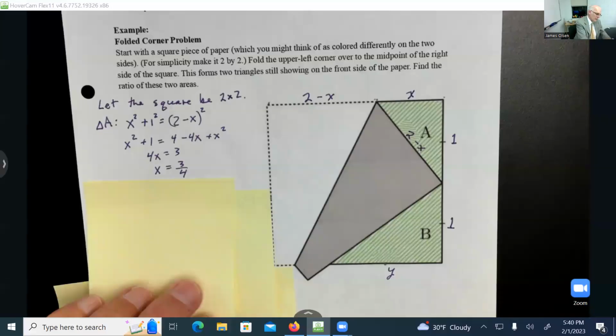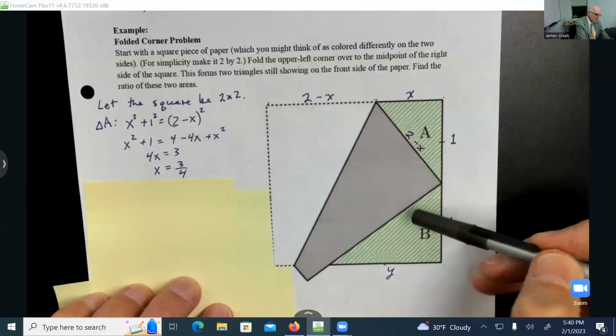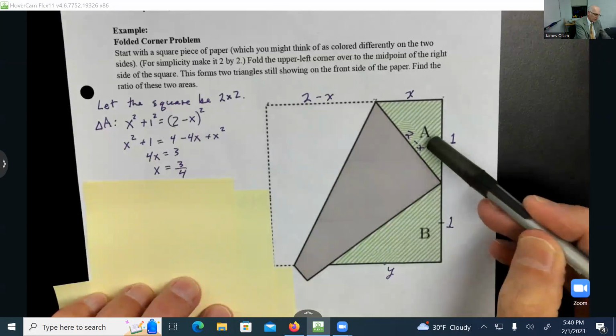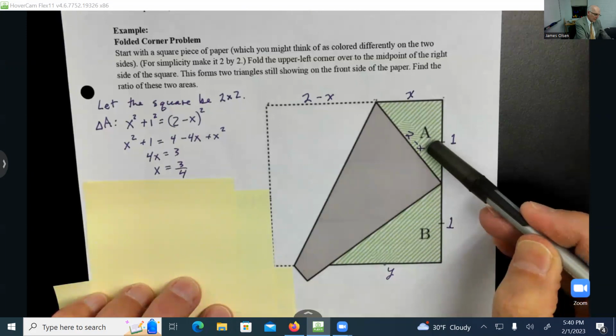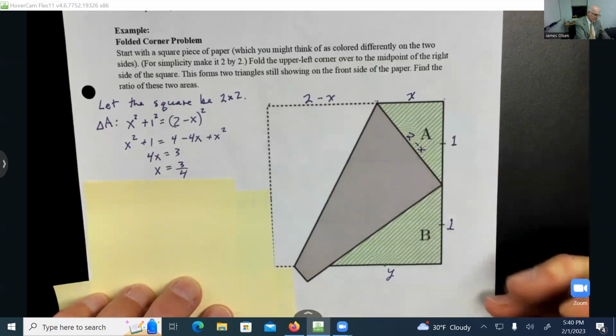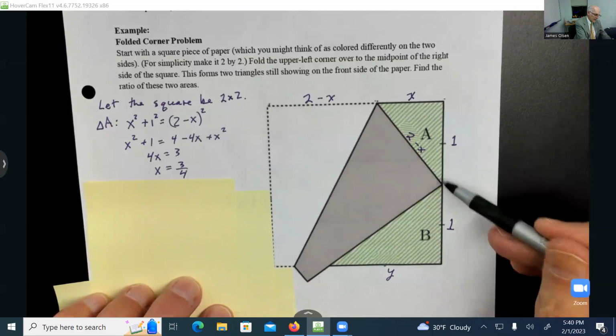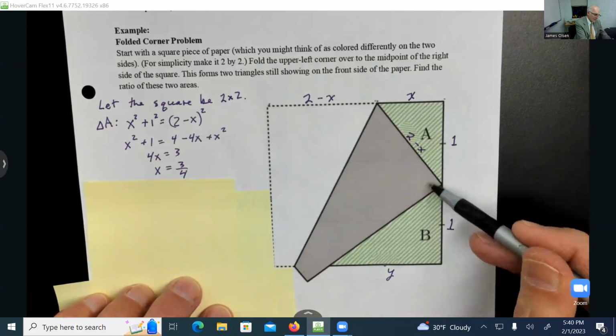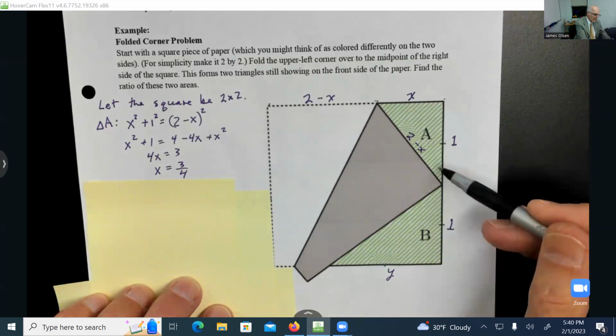Now let's look at the two triangles. They're certainly not congruent. Triangle B is larger than triangle A, but they are both right triangles. And this angle and this angle are complementary. The three angles here add to 180, but we have 90 here, so these add to 90.